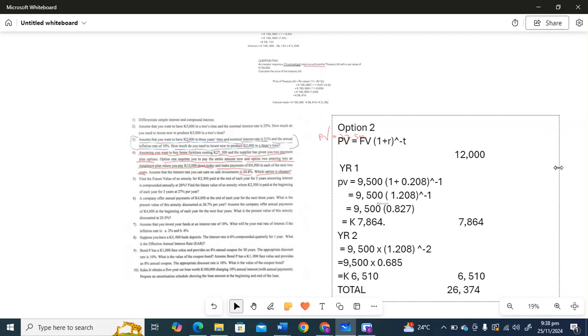And we compare this with option 1 where you have to pay 27,500 now.